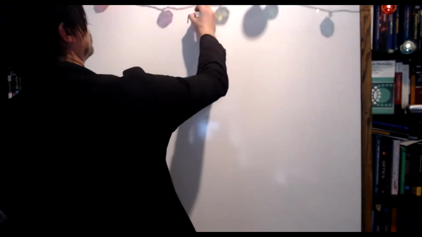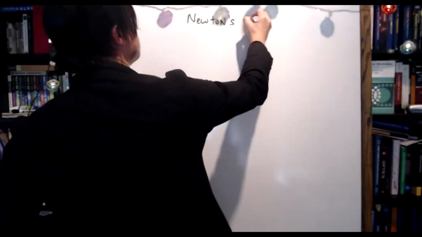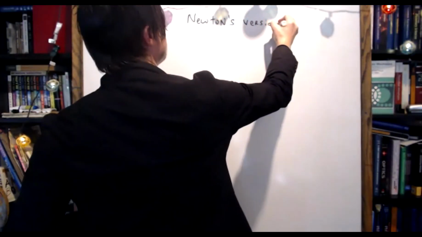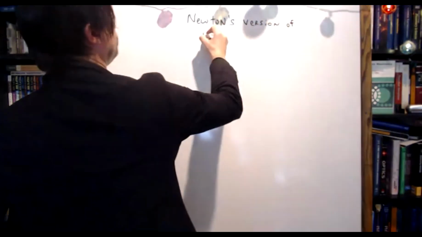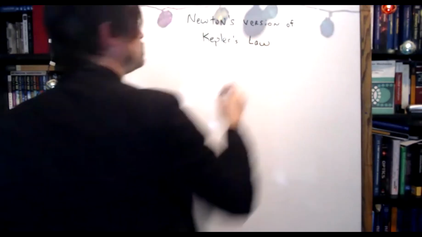So in our last class, we learned about Newton's version of Kepler's third law. And what is the concept behind Newton's version of Kepler's laws? Do you guys remember anything about that? What do you have in your notes?